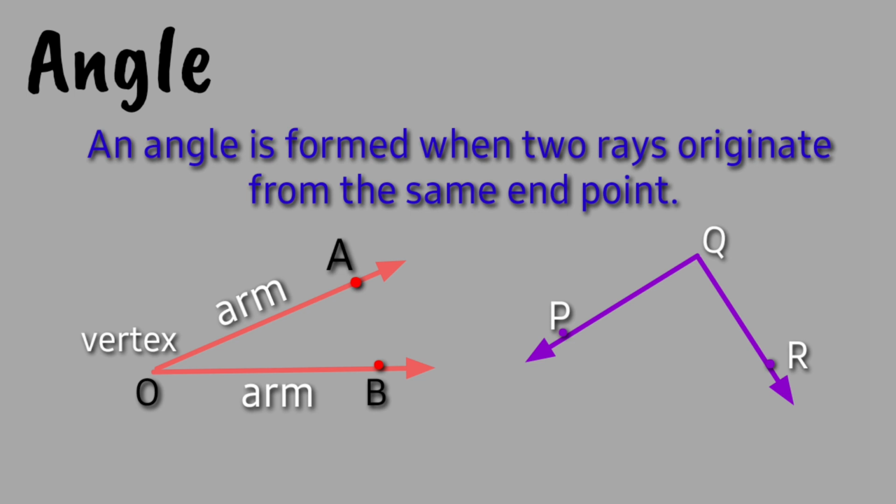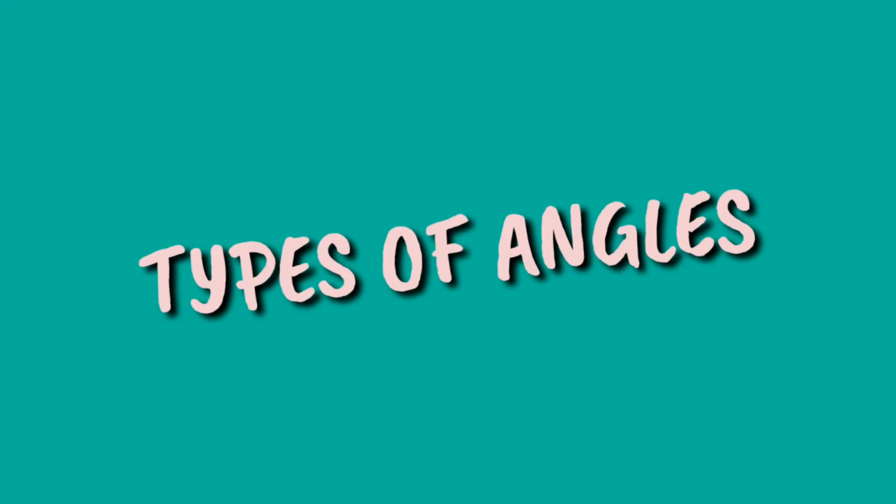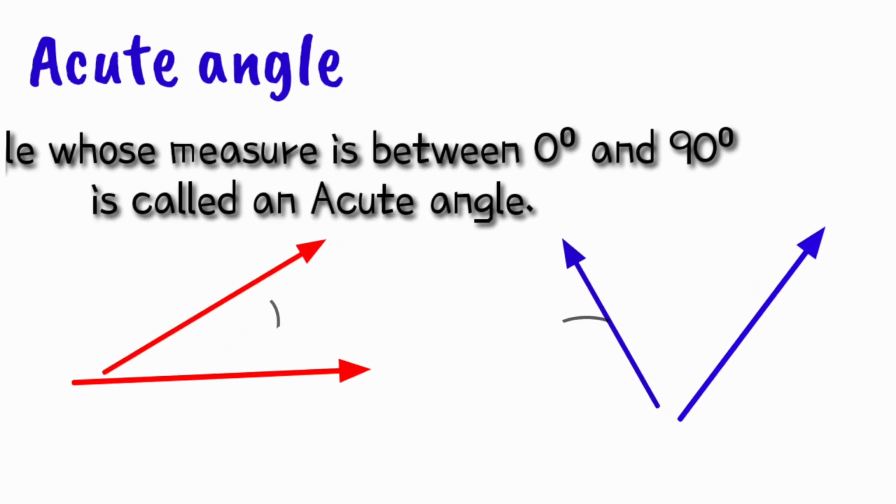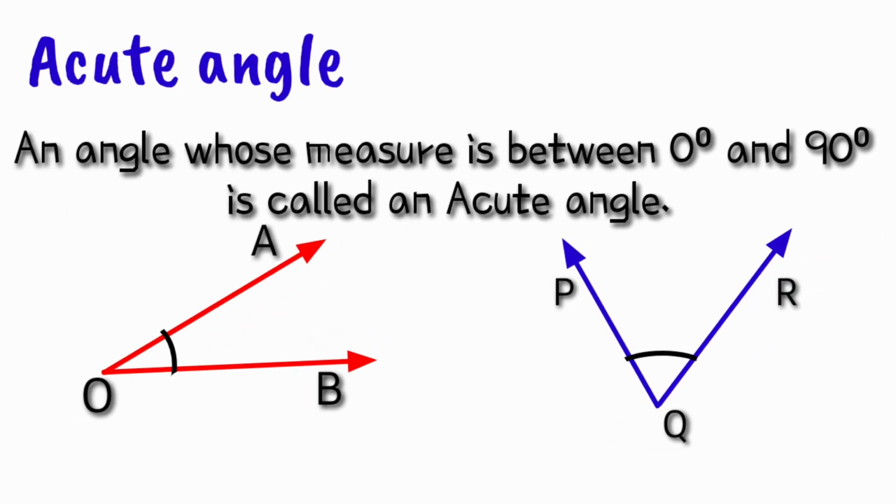We can also name these angles by using only the vertex. Here we can name them as angle O and angle Q. Now let's see different types of angles. First, acute angle.